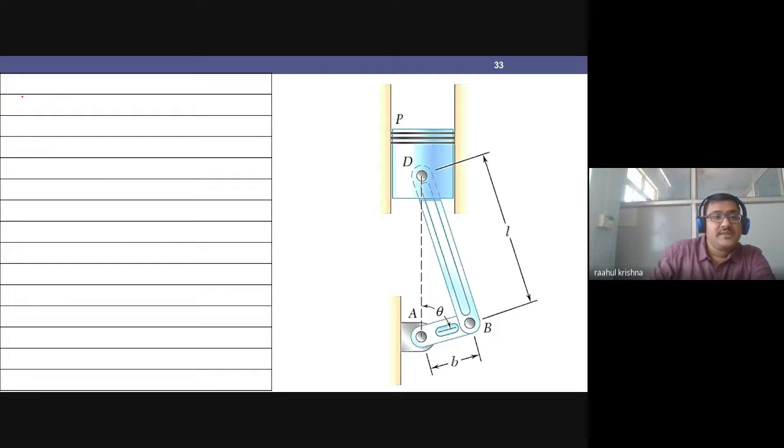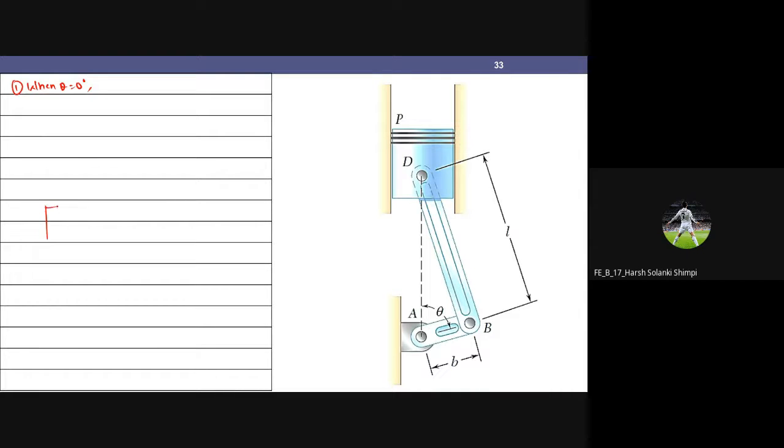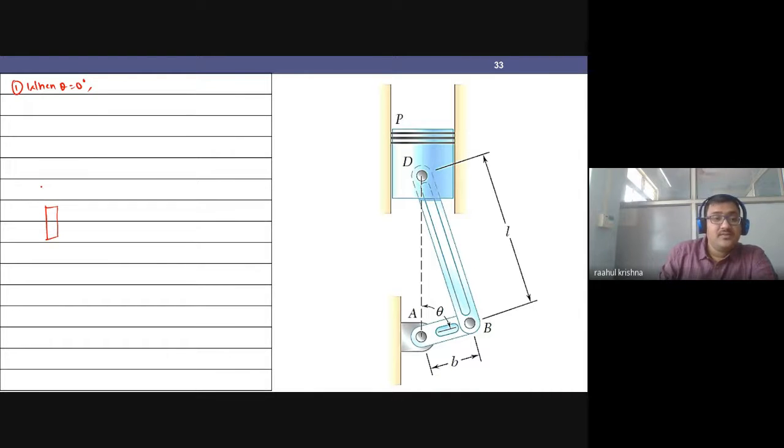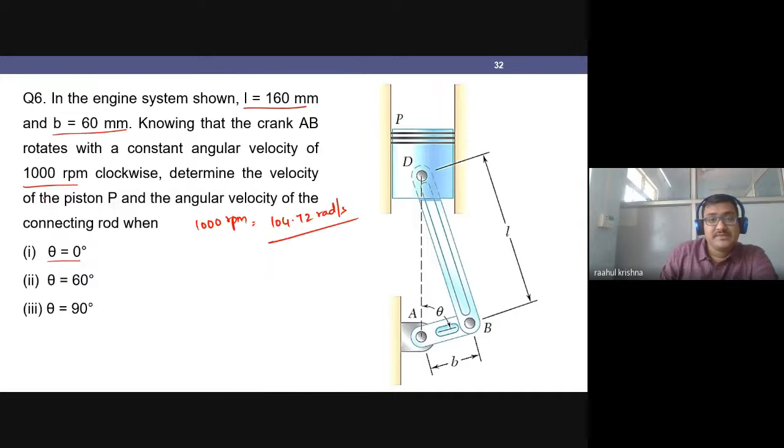I want you to observe this. My crank is rotating with a constant velocity of 1000 rpm clockwise. Let me mark that. This is my omega AB, so omega AB is clockwise.